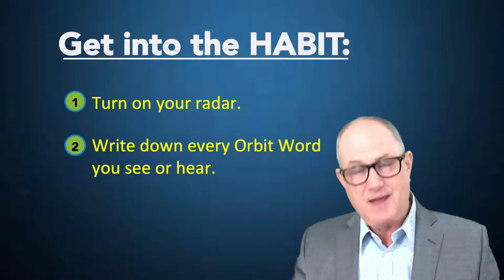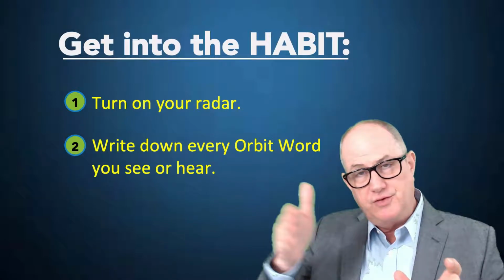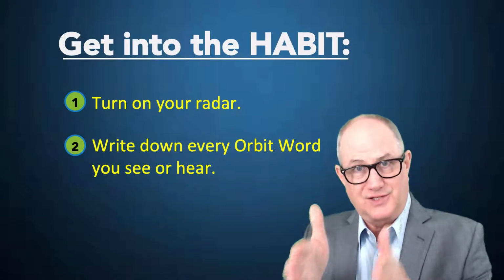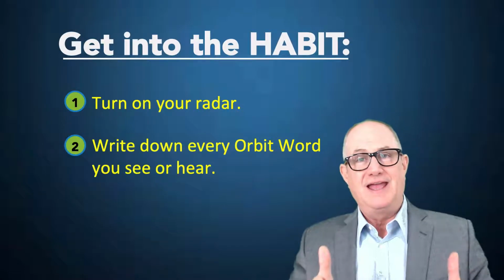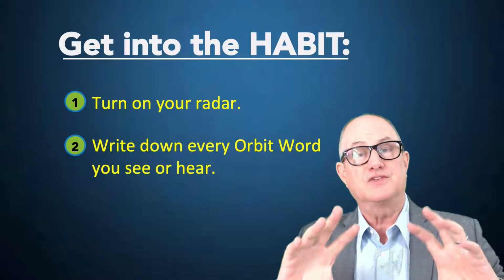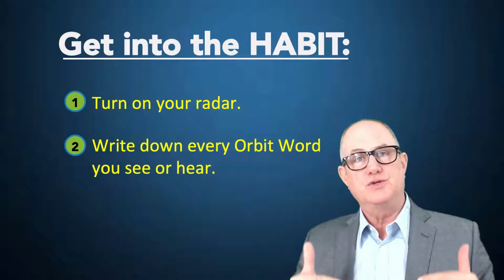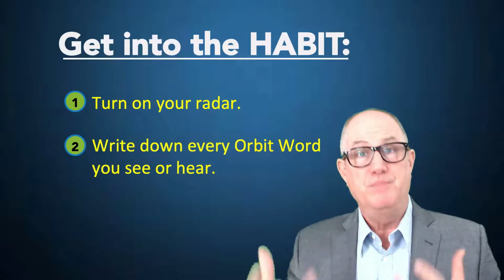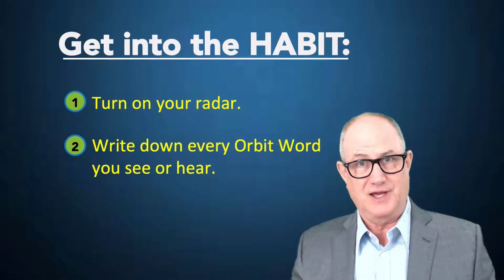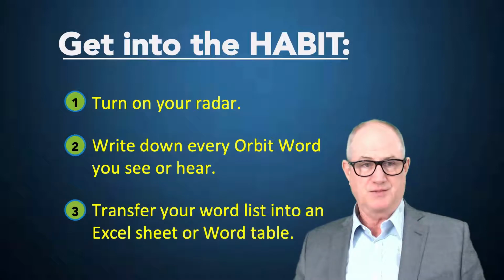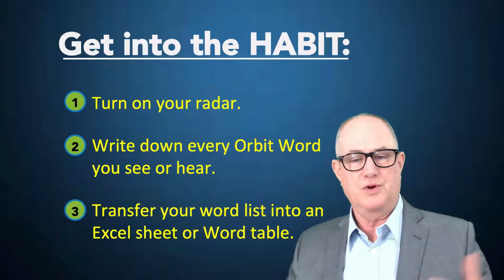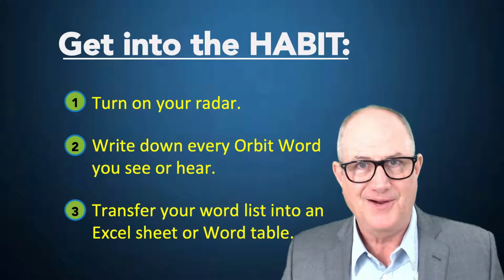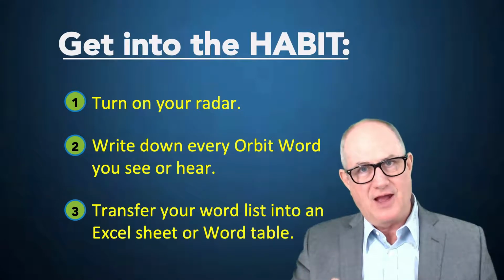An important step, because down the road in a few videos, I'm going to show you how to take what you have entered into the Excel sheet or the word table and upload it into some software that is going to dramatically speed up the process of getting you familiar with those words. So these are all important steps. Turn on your radar, write down every orbit word, and transfer your word list into an Excel sheet or a word table. All right, that's it for now.